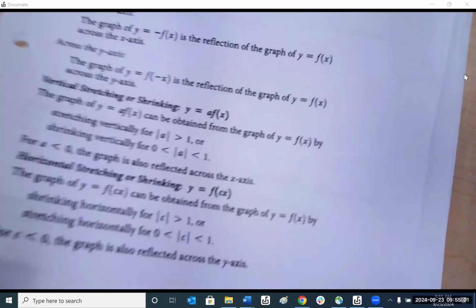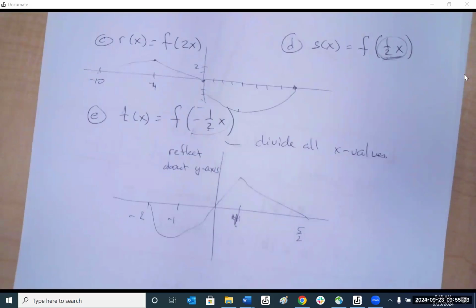Either shrink or stretch. Once it clicks, it's super easy, but it takes practice, and I do apologize. You have to try some of these problems out and see exactly what it says. But this last example was the best one I could find for it. The question is what does it do to the points in the graph? Right? Any questions?